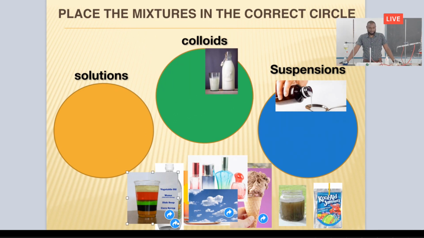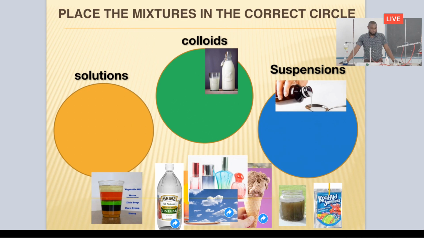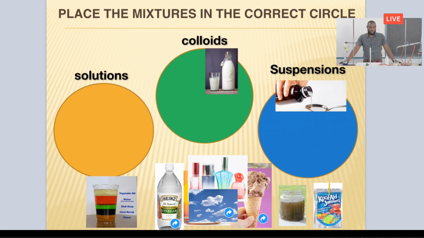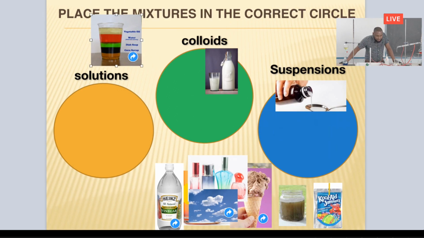Nice. Next. Here we have a cup. And if we enlarge this cup, we'll see that at the bottom we have honey. Then we have some beverage, followed by dish liquid, followed by colored water, followed by oil. All right? So it's about 4 or 5 immiscible liquids. So they're immiscible, meaning the denser one will fall to the bottom.